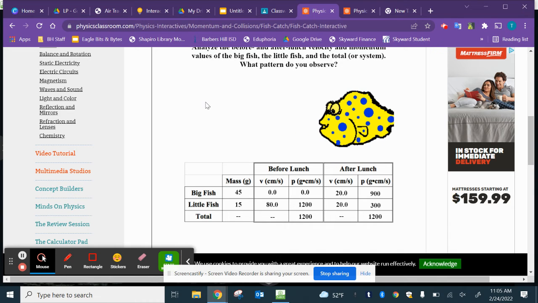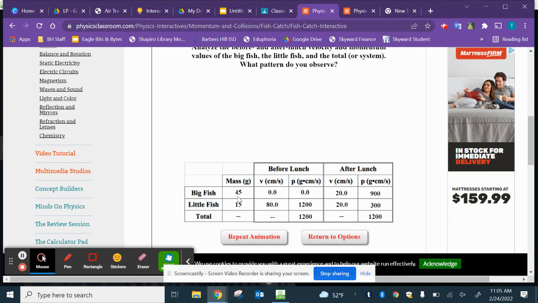Whoop, and he eats. So before the collision, my big fish weighed 45 grams, and he's at rest in all the collisions. And my little fish weighed 15 and 80. There are spots for you on that lab to fill in with that information.